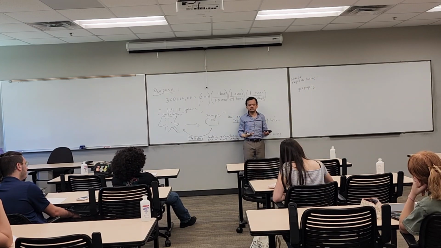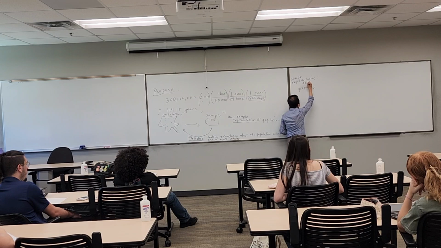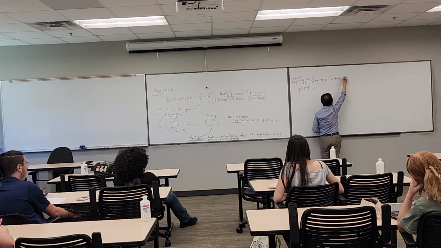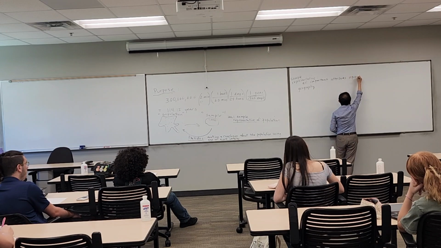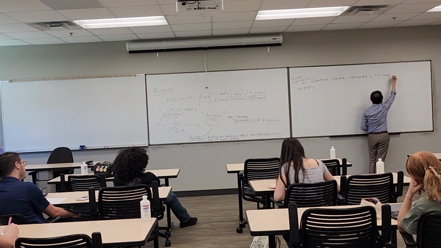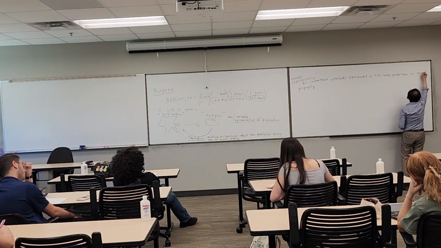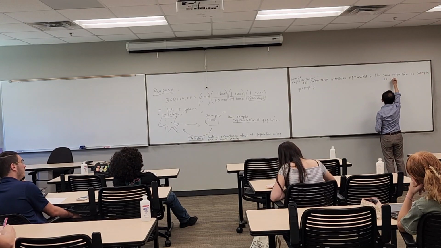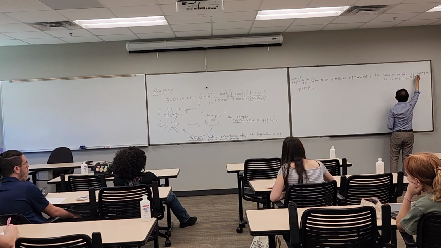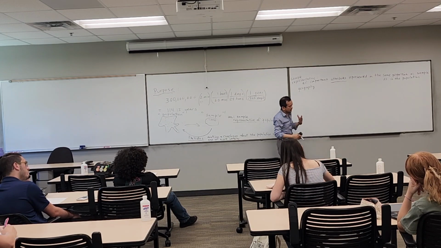We mean that all the important attributes are represented in the same proportion in the sample as they are in the population. Okay, so when we say representative, we're saying that all the important attributes are represented in the same proportion in the sample as in the population.